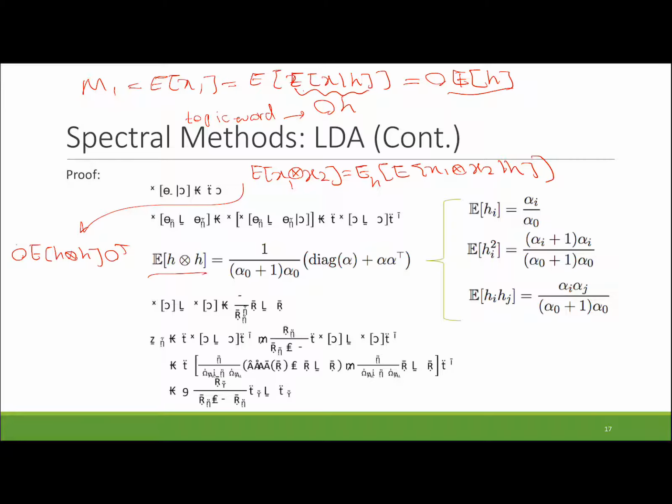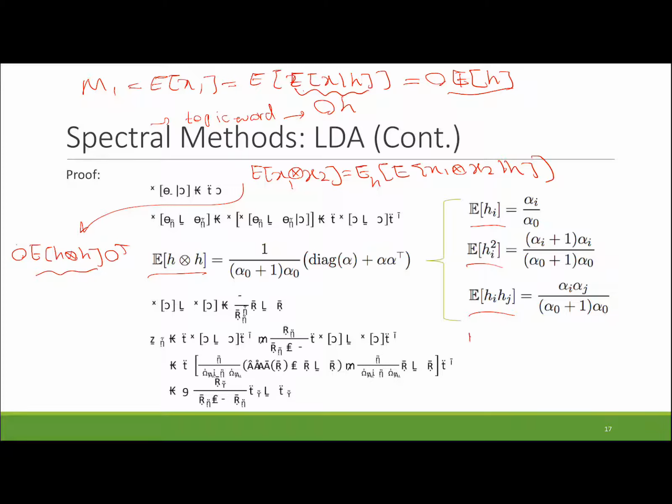And we can compute O of E of X cross... What's O here? O is the topic word matrix. We can compute the E of H cross H from the Dirichlet distribution. For it, we need E of Hi, E of Hi squared, and E of Hi Hj, right?